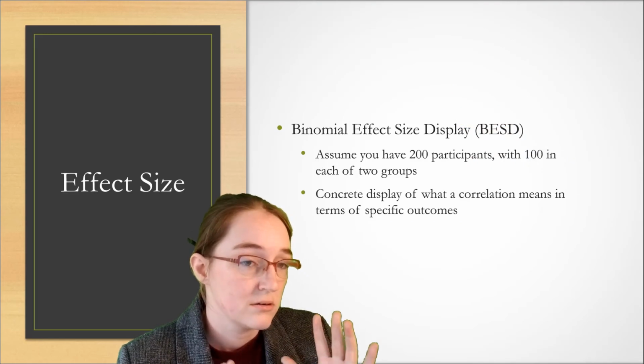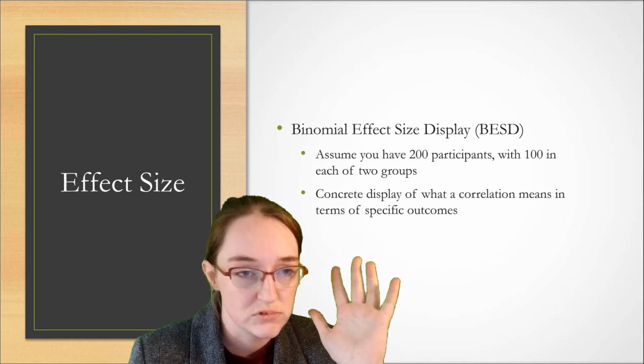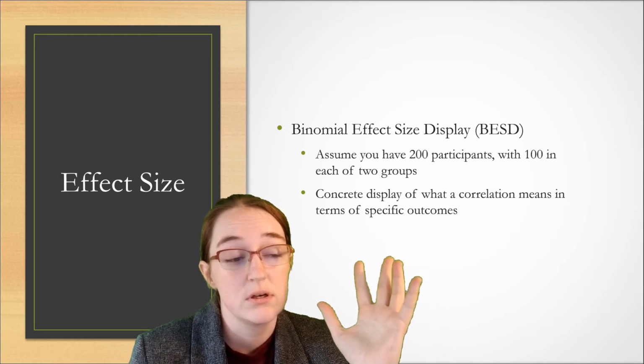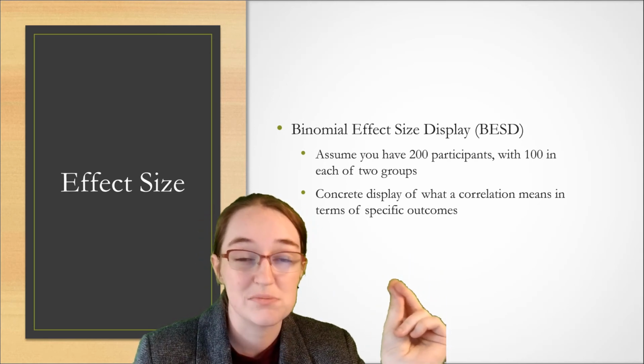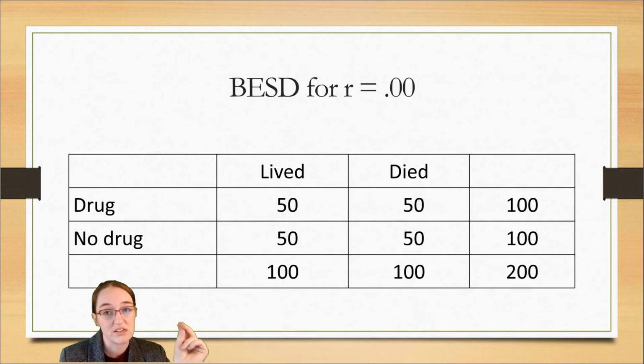So, here's the basic idea. Assume you have 200 participants with 100 in each group. What you do is concretely display what a correlation is in terms of a specific outcome. And ANOVA studies have the same structure. So here we have a correlation of 0.